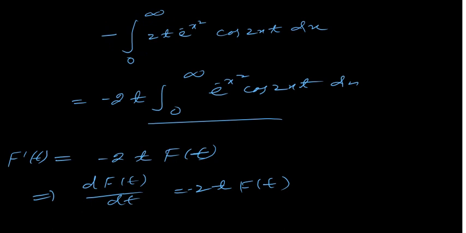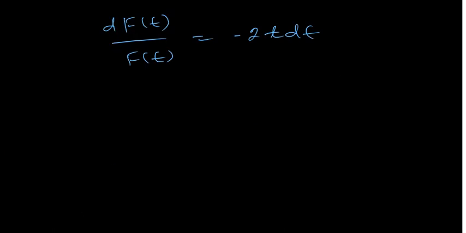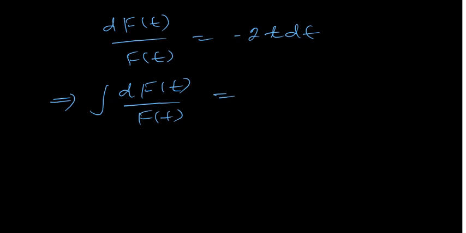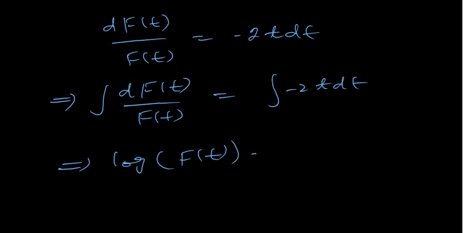Okay, is it clear? Now you integrate this, so this means the integral of df of t divided by f of t is equal to the integral of minus twice t dt. But here the differential of f of t is available in the numerator, so it's actually log of the denominator, log of f of t is equal to minus twice t square with 2 and 2 going, it's just minus t square plus constant of integration.